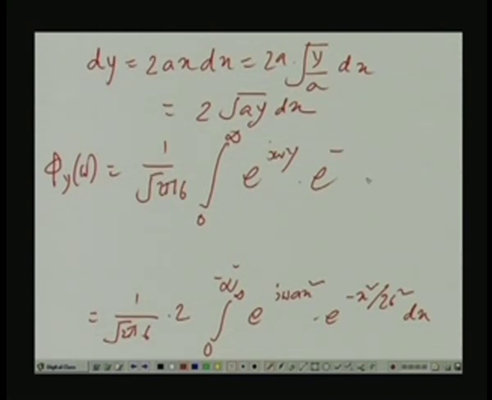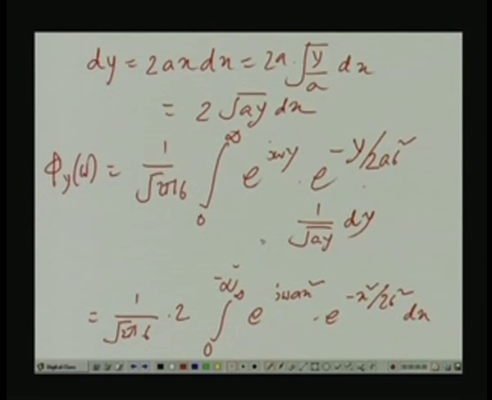Then e to the power x square, as you know, is minus y by a, and then you have got this function 1 by this.